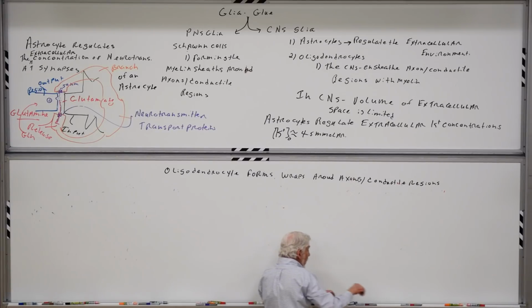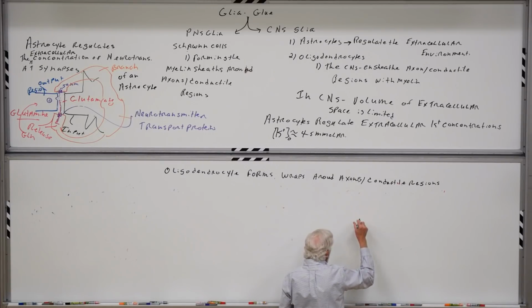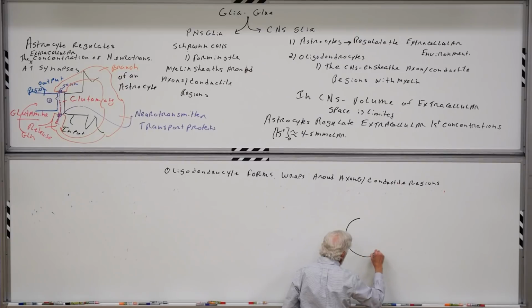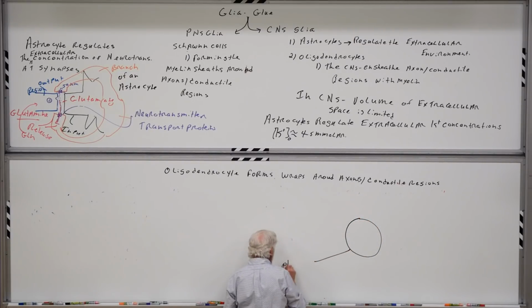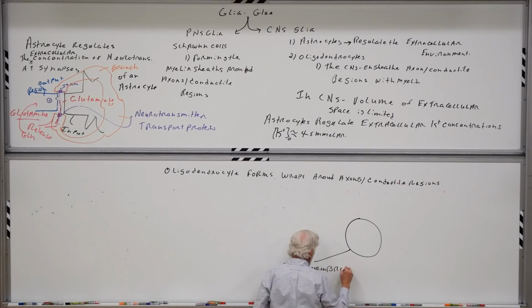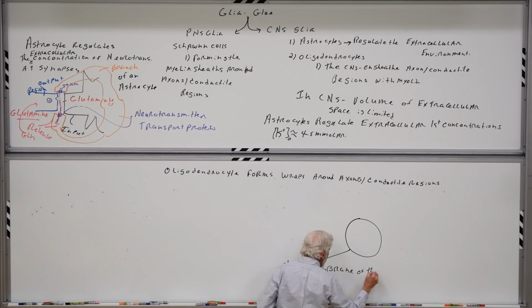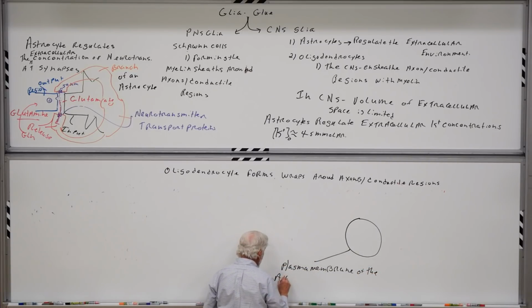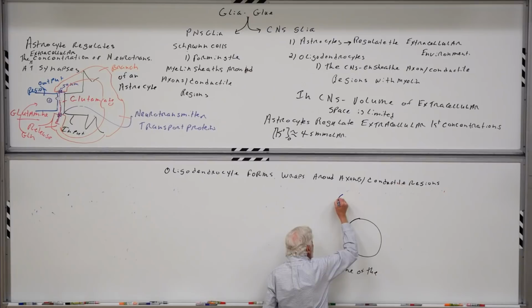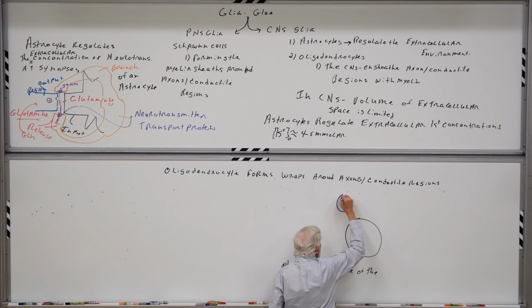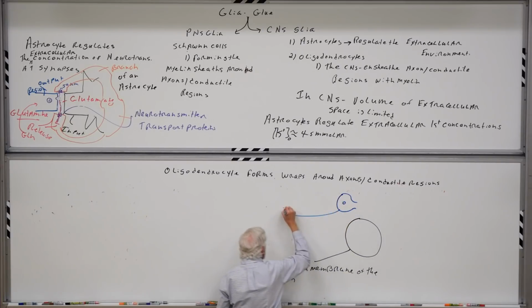I'll do this by simply taking a circle and labeling this circle as the plasma membrane of the axon or conductor region. Then up here in blue, I'm going to put a cell body of a cell I'm going to label here the oligodendrocyte.